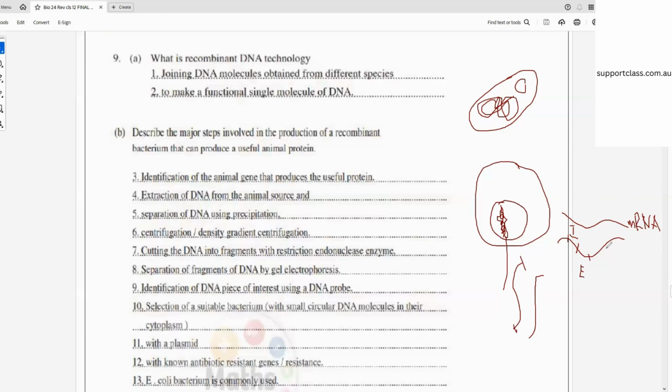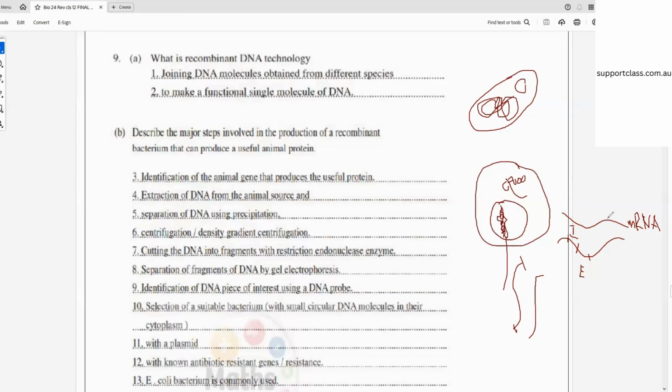Translation is taking this mRNA outside, where the ribosome attaches to it and makes protein. So once you make mRNA, transcription is complete.